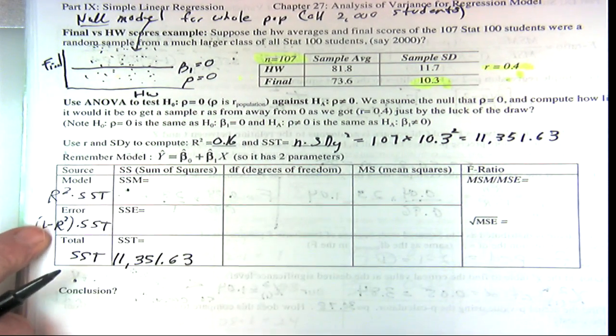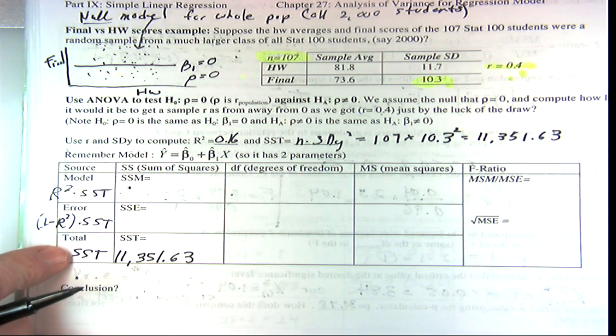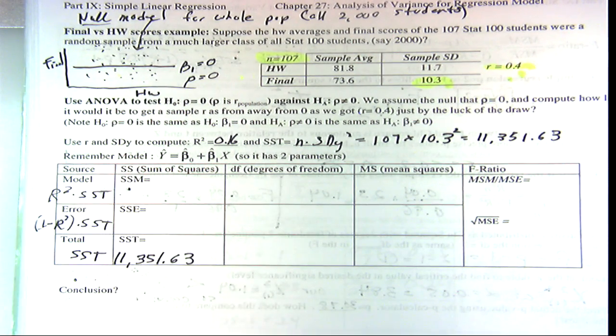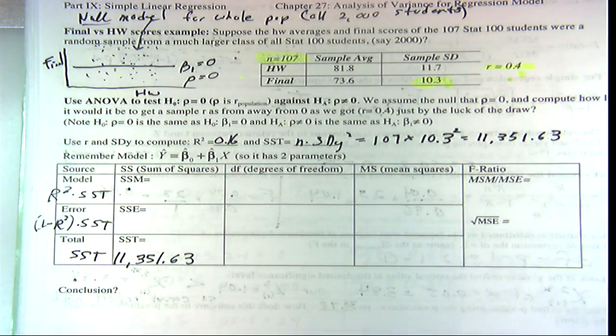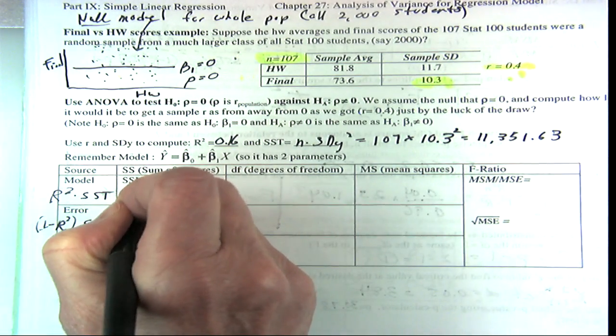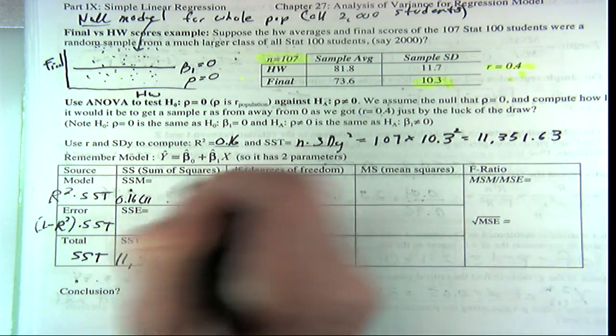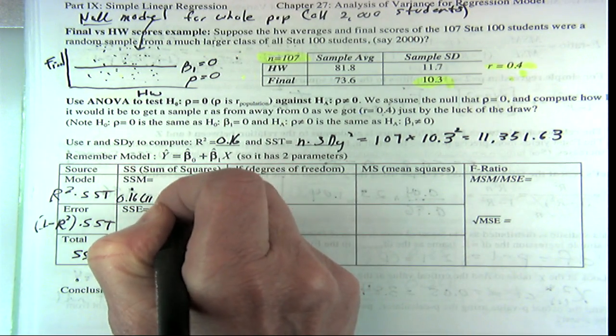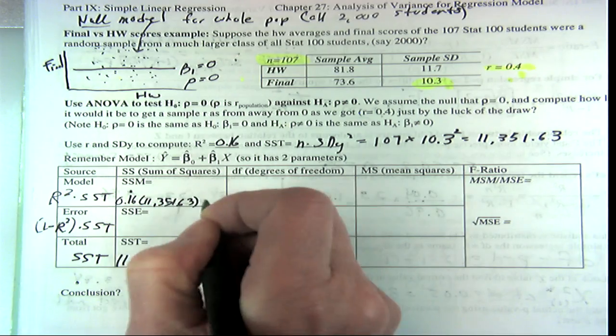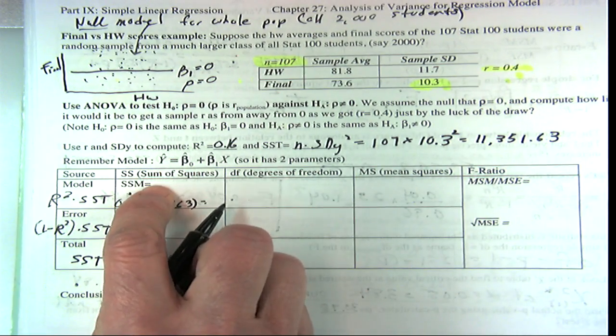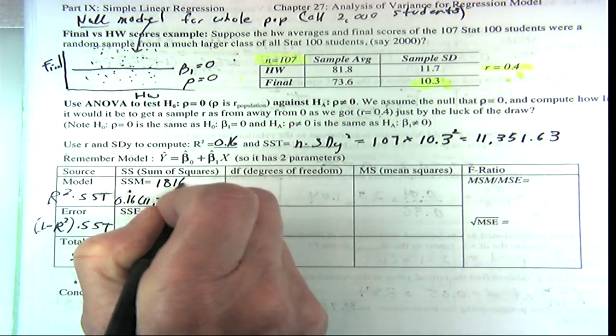R squared plus 1 minus R squared, of course, has to equal all of it. Okay? So R squared is now 0.16 times 11,351.63, and that's going to give us our sum of squares model, which is 1816.